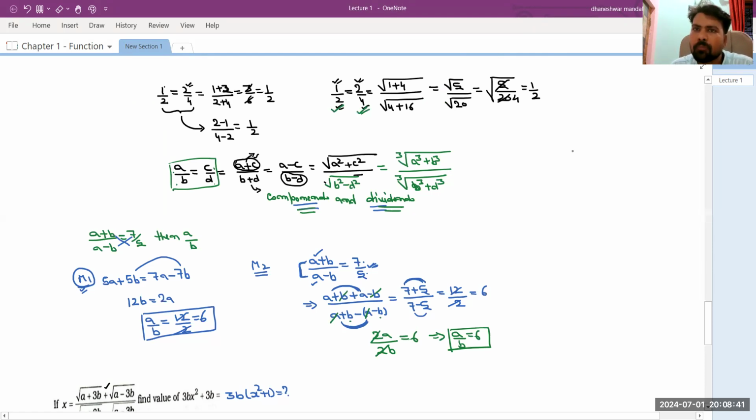Okay. Let's take one more example here. If 3 and 5 are there, also 6 and 10 are there. Now I am going to add these terms in the numerator, and if I subtract 5 from 3, so here I subtract. So if I do the same method here, and the same method here, then the ratio will not change.